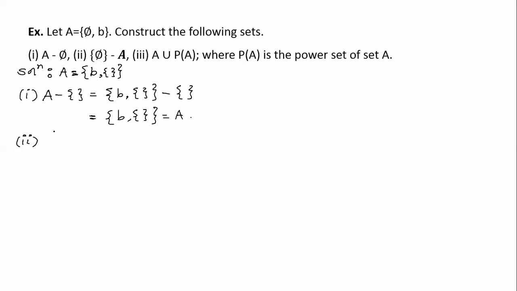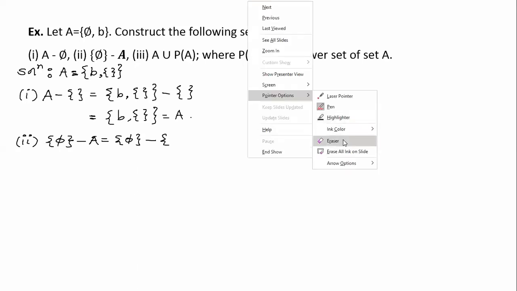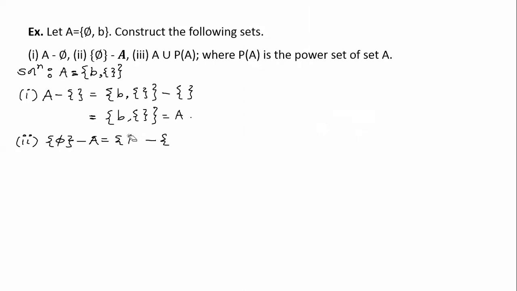Okay. Then the second part is a set which contains the element empty set, minus set A. So this is equal to a set which contains the empty set minus set A. We'll use the same notation so that there will not be any confusion.